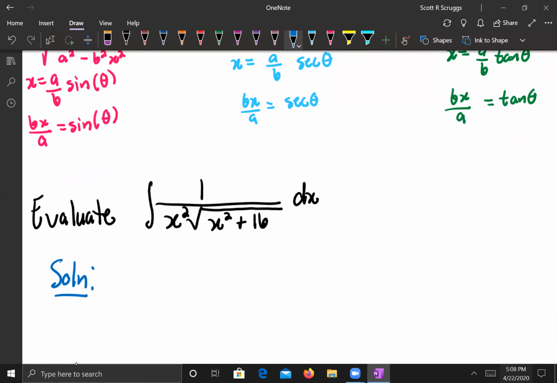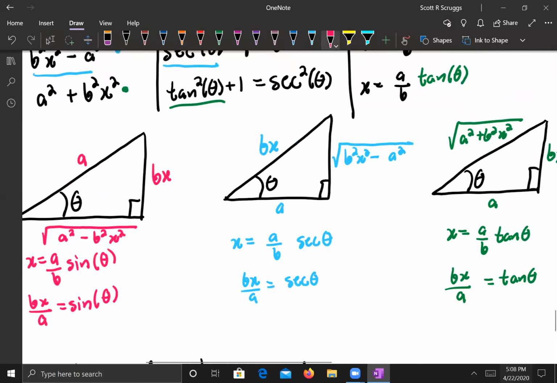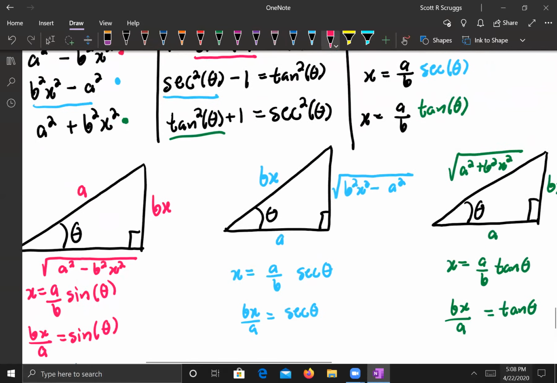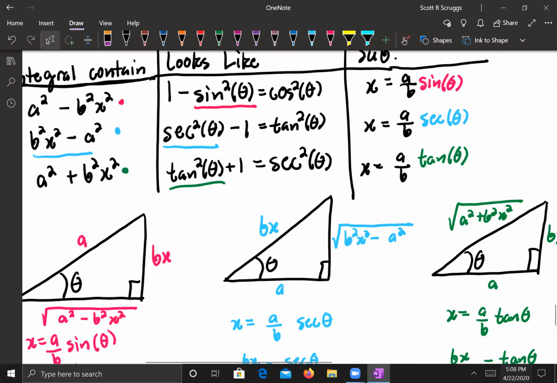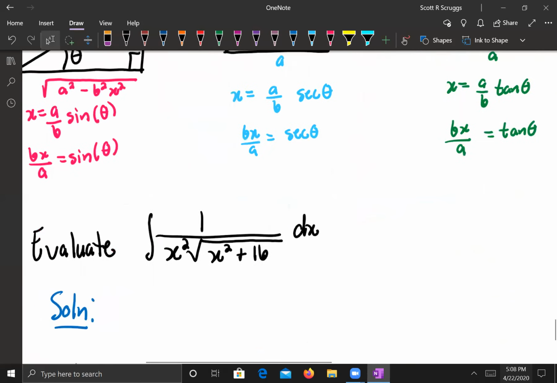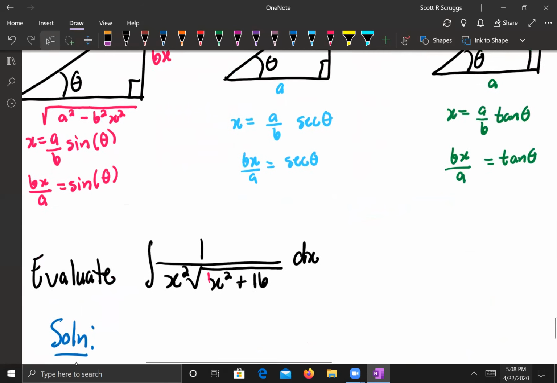So always my first thought, if I need to use a trig sub, is I need to check: does my integral contain one of these 3 forms? In this case, my integral does contain that. It contains an x squared plus another number.